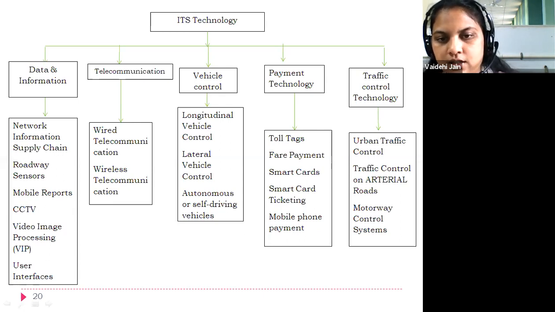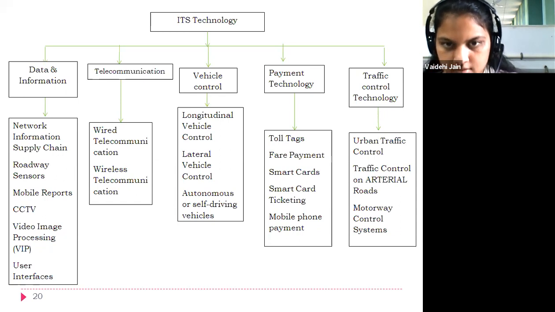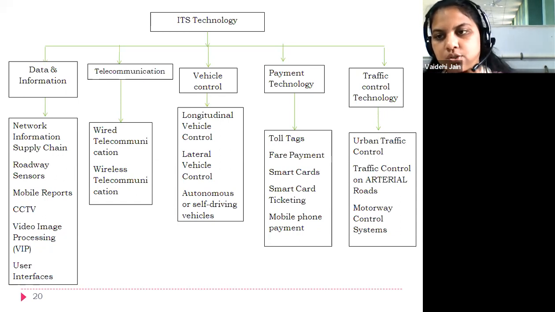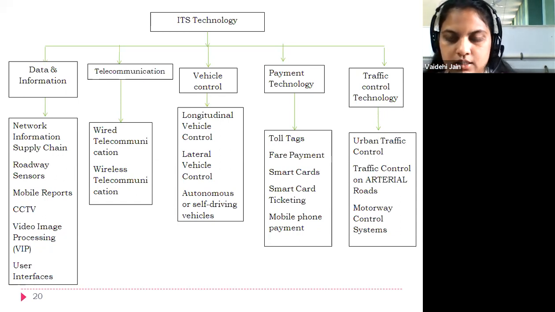One is vehicle control and the other is traffic control. Once you have the data and information, then the communication system, you can control the vehicle or the traffic. We'll have the knowledge about it afterwards.